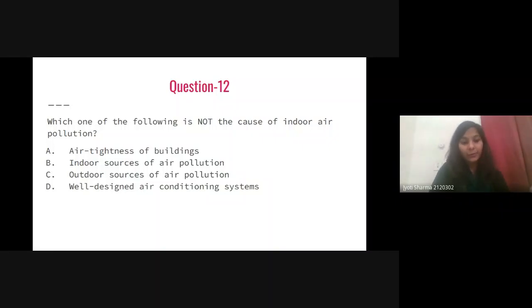We already have talked about indoor and outdoor sources of air pollution. If your building is not allowing gas to come in and out, then it can also be a cause for indoor air pollution. So exactly, if your air conditioning system is well designed, then obviously this will not be the cause of indoor air pollution.